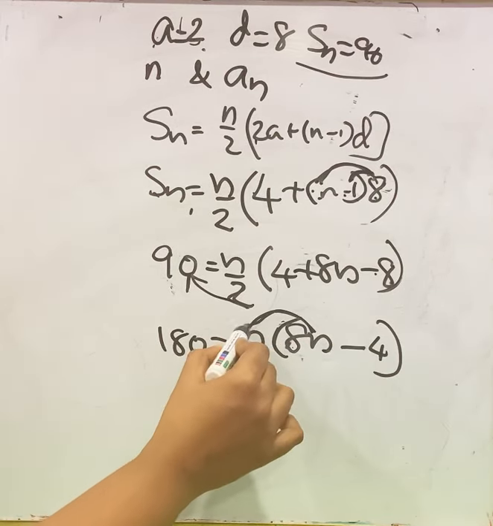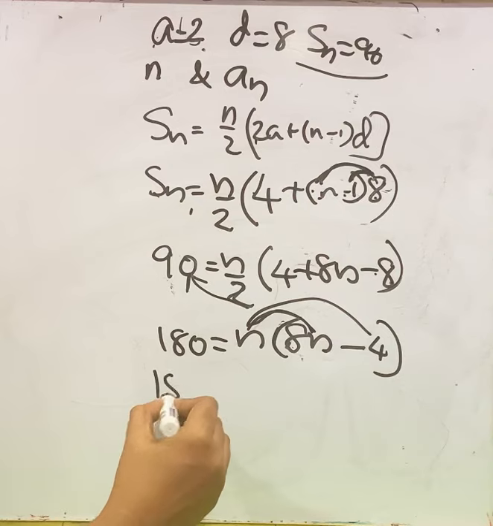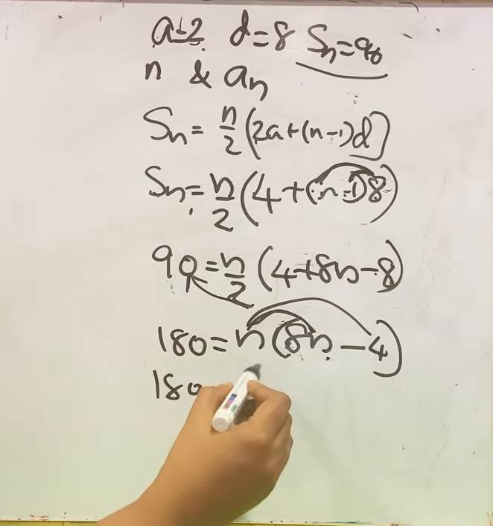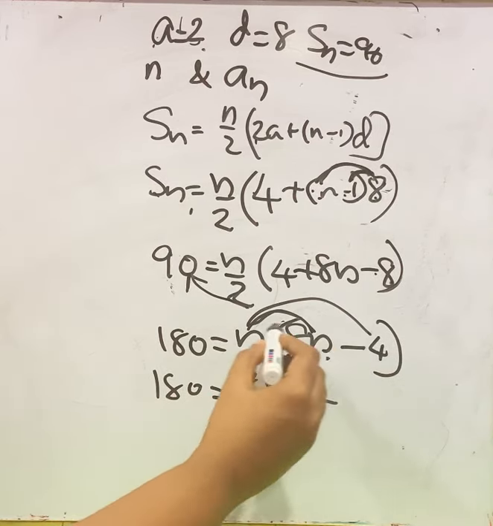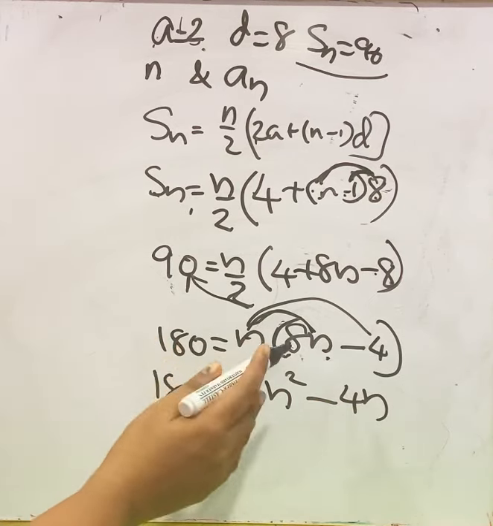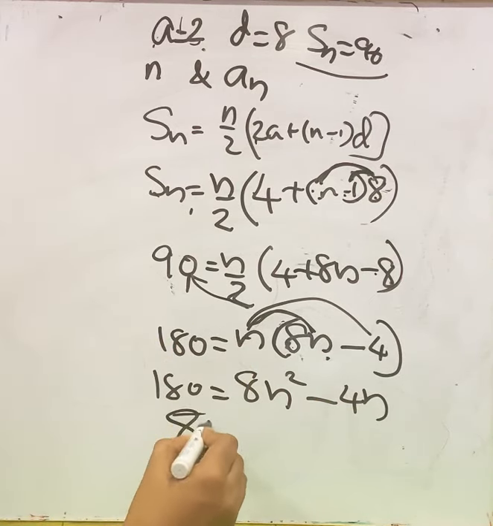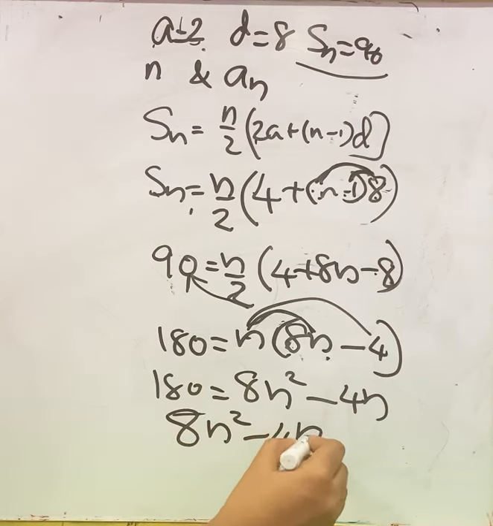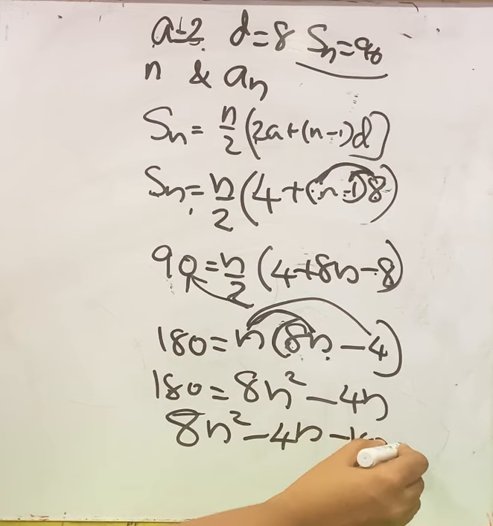Now distribute this n to these two terms, that is 180 equal to 8n into n, 8n square, minus n into 4, 4n. This is a quadratic equation. We can rearrange it. That is 8n square minus 4n. This 180 taken to that side, it becomes minus 180 equal to 0.